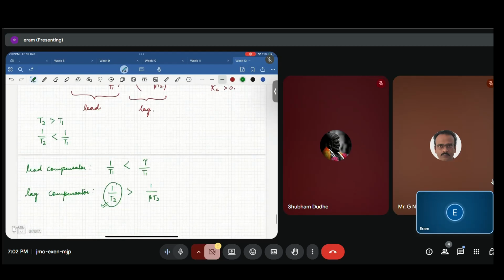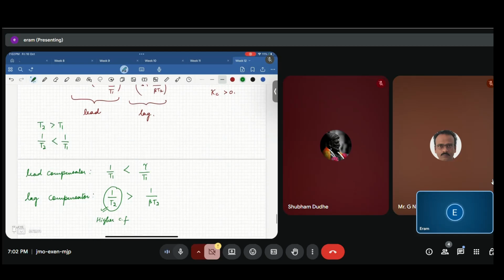So this will be your higher corner frequency. And for a lead compensator, 1 by T1 will be your lower corner frequency, because 1 by T1 is less than gamma by T1. So among these corner frequencies, 1 by T1 will be the lower corner frequency for the lead compensator, and for the lag compensator 1 by T2 will be the higher corner frequency.